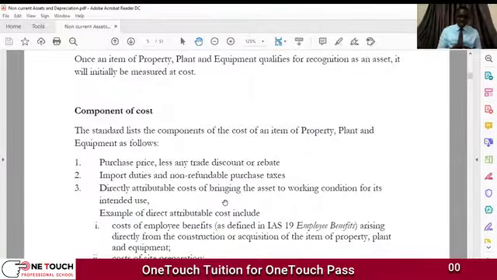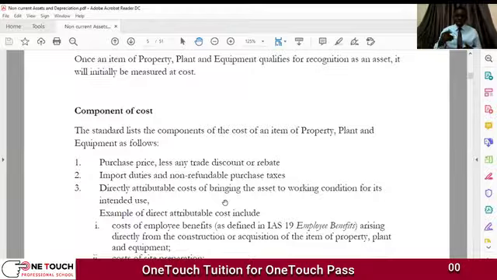Two, import duties and non-refundable purchase taxes. If the asset was imported and we paid some form of import duties or taxes that are non-refundable, that should also be included in the cost of the item. Good. Three, directly attributable costs of bringing the asset to working condition for its intended use.